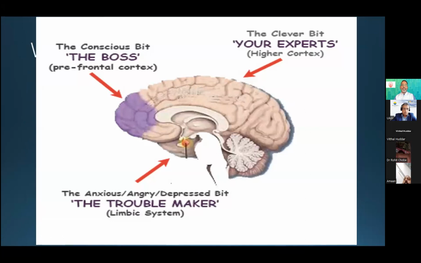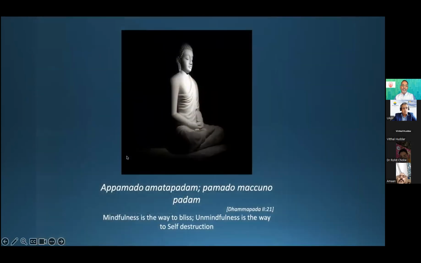We have seen evidence to suggest that the boss is taken care of, and the core where we experience things has shown modifications with the practice of meditation. The troublemaker, which is particularly your limbic system, has been silenced through the practice of yoga.